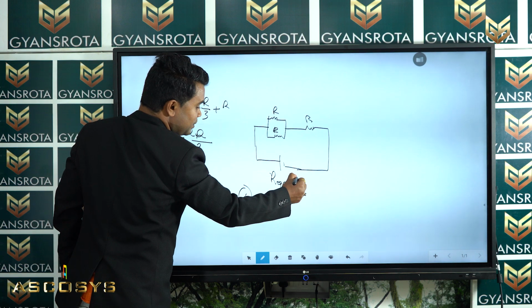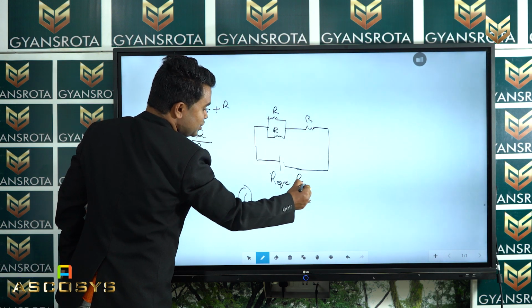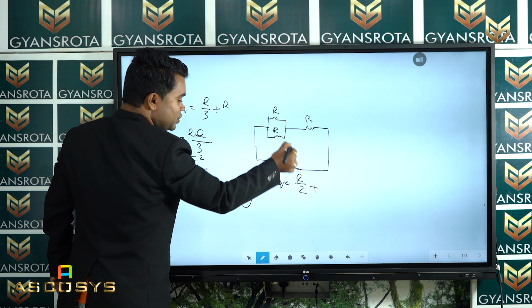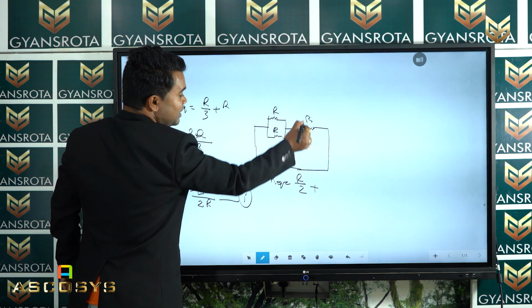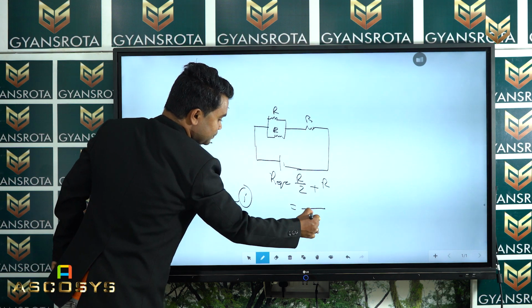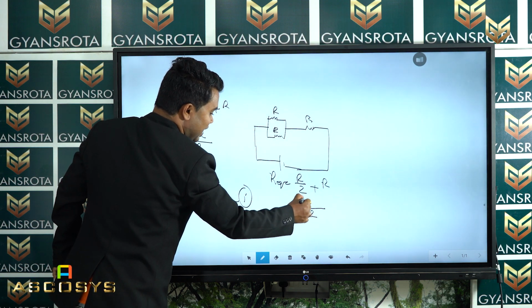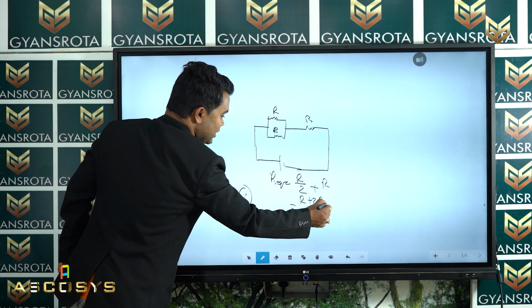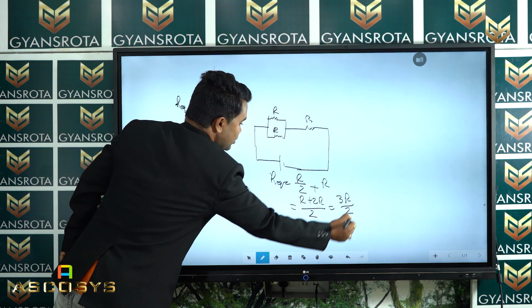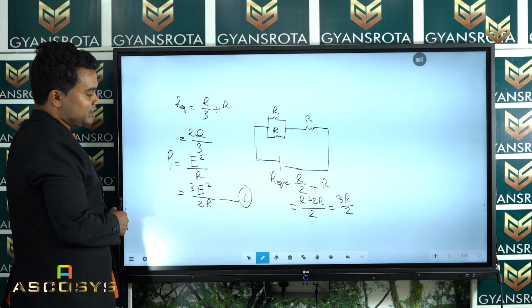So your answer will be R by 2 plus R by 2 and plus this R. So finally if I take LCM 2, you will get R plus twice R, which will be 3R by 2. This is your equivalent resistance.